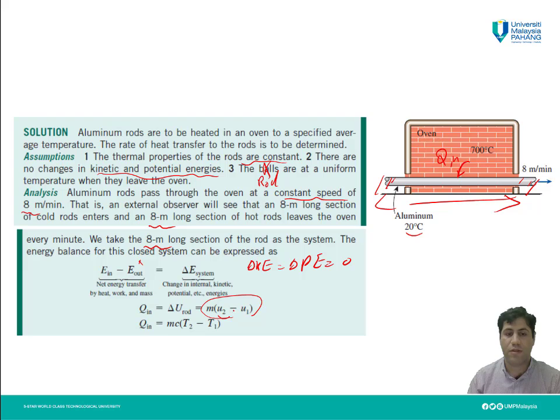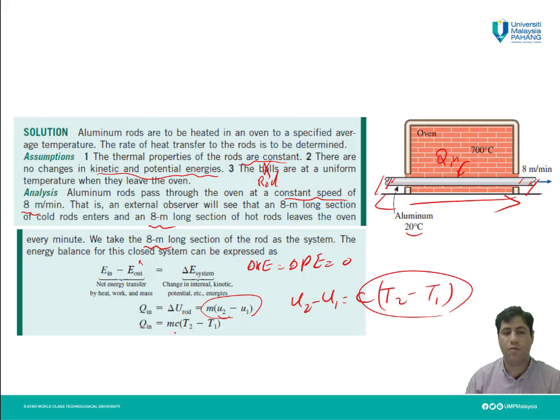Then u2 minus u1 equals C times T2 minus T1, if you remember. Now for u2 minus u1, we substitute this.